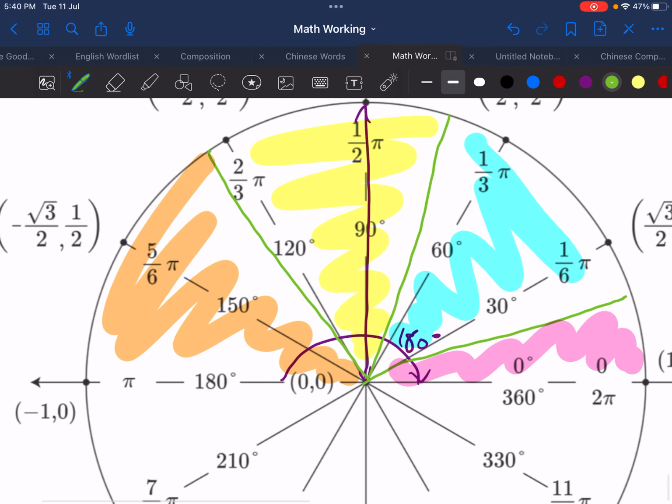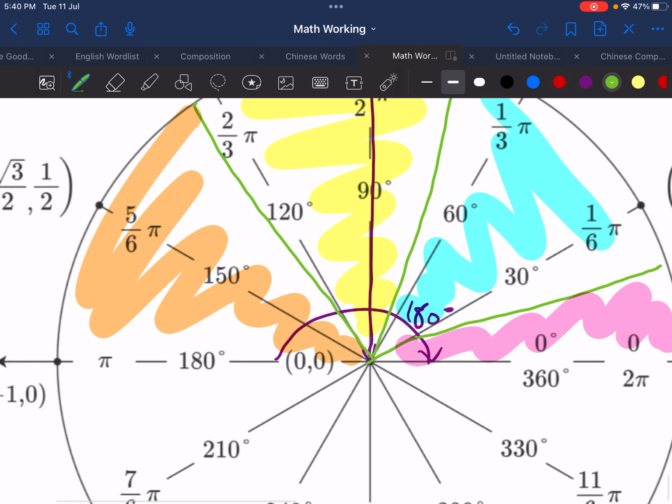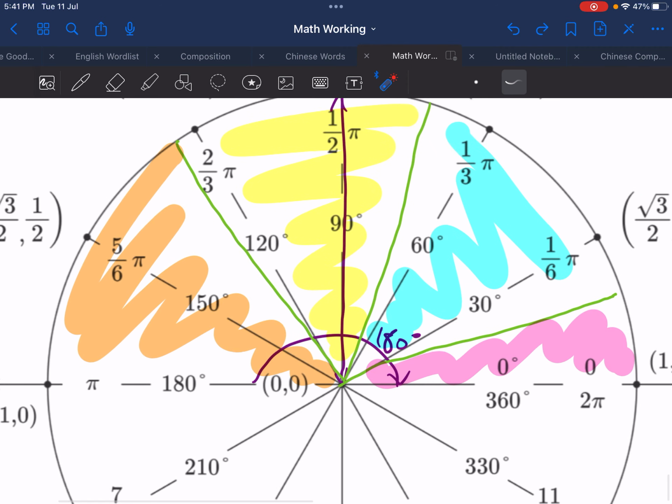Let's just imagine that all of these are, basically this is one unit. The angle here is the same as the angle here. So basically, for orange, yellow, and blue, all the angles are the same.